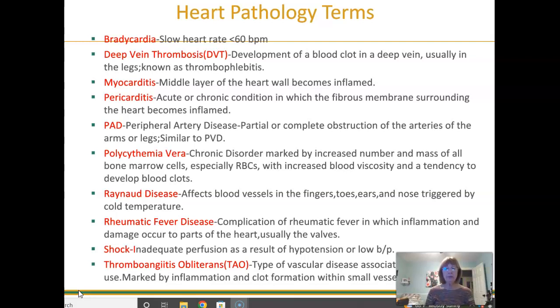Rheumatic fever disease. I haven't heard too much of this lately. Years ago, back in probably about the 50s, children got rheumatic fever. And it causes heart issues, big heart issues, in which inflammation and damage occur to parts of the heart, usually the valves.